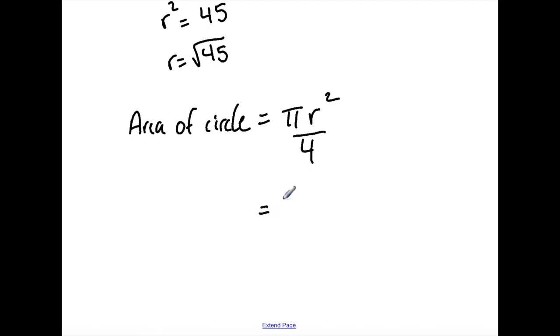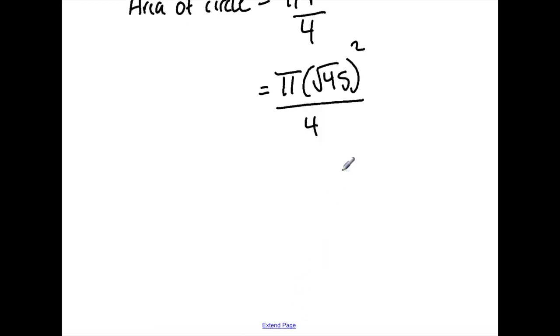So we have pi, open brackets, square root 45, close brackets, raised to the power of 2 over 4. The square root of 45 raised to the power of 2 is 45. So what we're left with is 45 pi over 4.